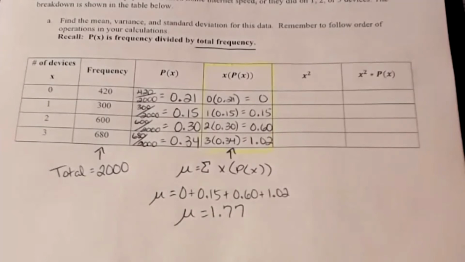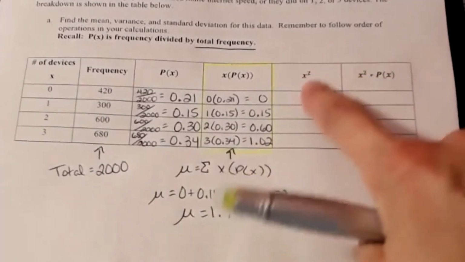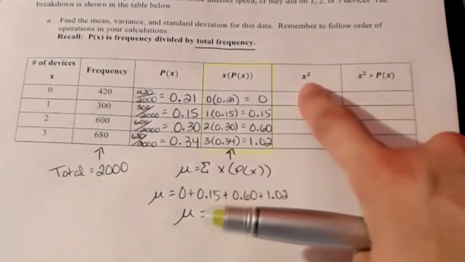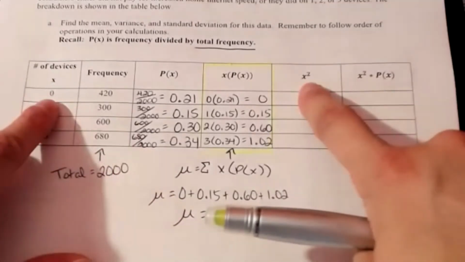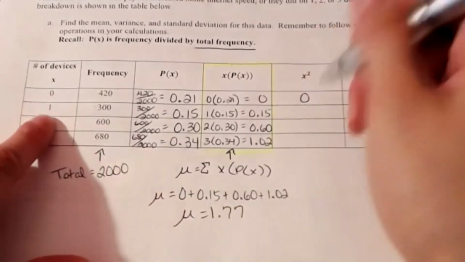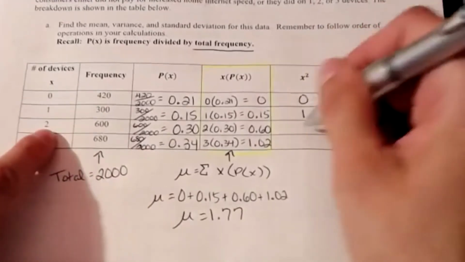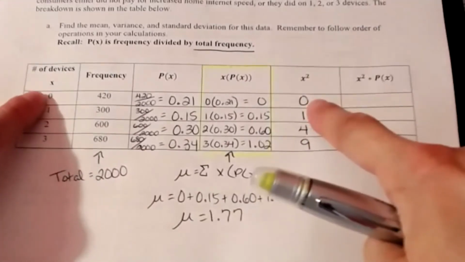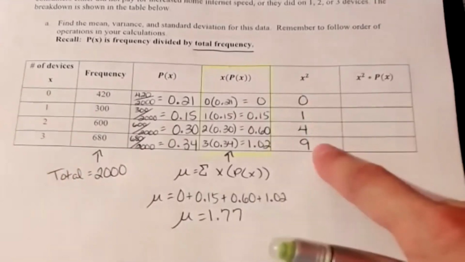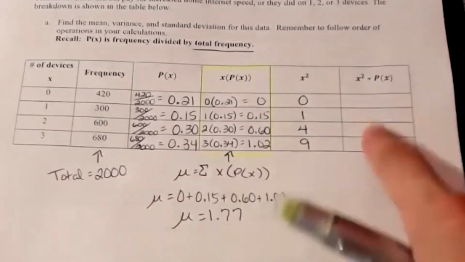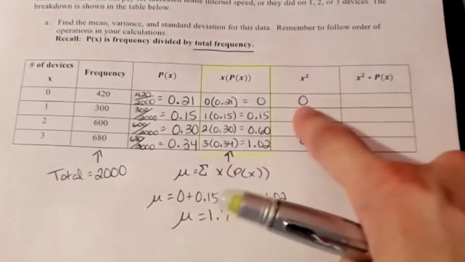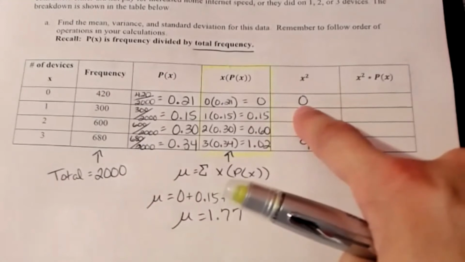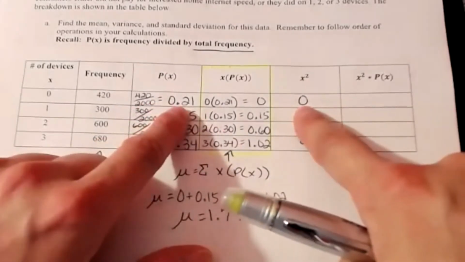Now, according to our formula for variance, we had to square each of our random variables before we multiplied it by its respective probability. So our first value is 0, so 0 squared is 0, 1 squared is 1, 2 squared is 4, and 3 squared is 9. Now in this column, you want to take your x squared and multiply it by its probability.